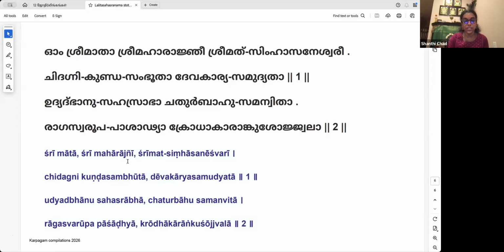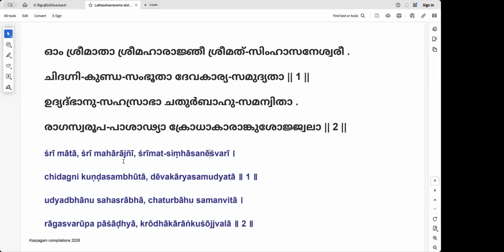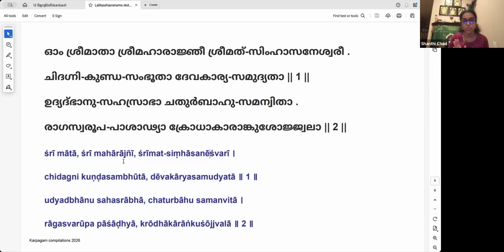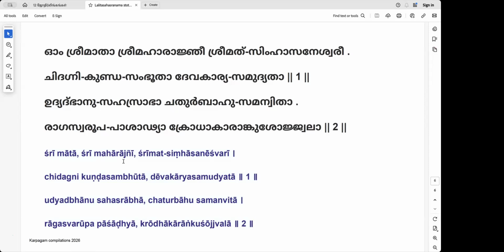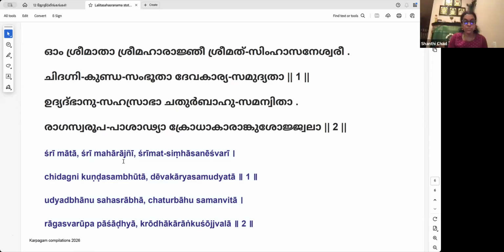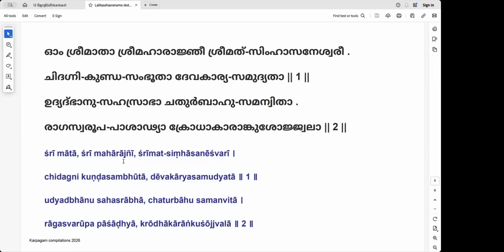So the ideal pronunciation for this letter is ij and nya. So Maharajni. There is no need of the N sound there. So it is only ij and nya. Maharajni. Om Shri Mata Shri Maharajni.